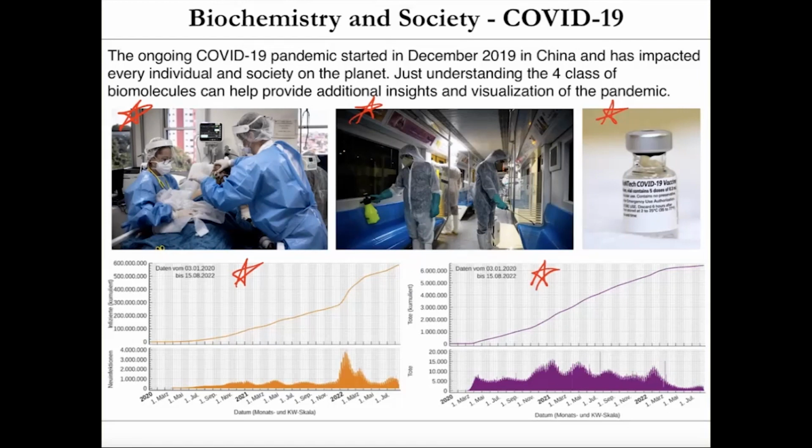You all lived through it, of course, and we'll talk about it in later lectures. But I thought that talking about SARS-CoV-2, the virus, and COVID-19 is a good way to reinforce these four different classes of biomolecules: proteins, nucleic acids, lipids, and carbohydrates. So we'll just do that for a couple minutes.